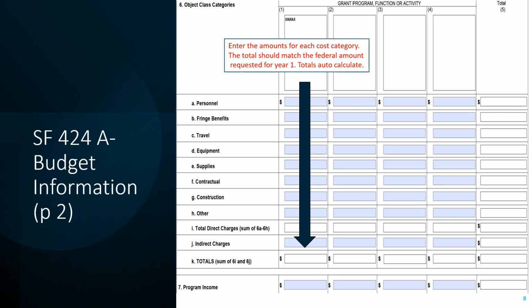If, for instance, you're not requesting funds in that cost category, please enter 0. Please note that these will auto-populate into future pages. So whatever number you put here, it will automatically calculate the total at the end and forward to other pages.